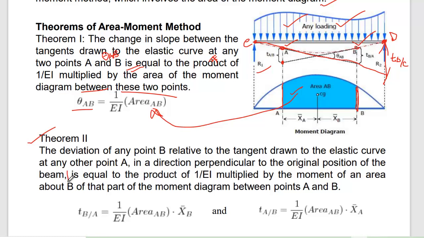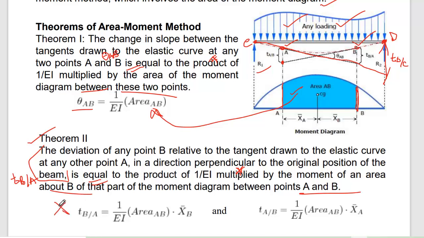So till now they said this is T B by A. So T B by A equals the product of 1 by EI multiplied by the moment of the area about B of the part of the moment diagram between A and B. About B means what?